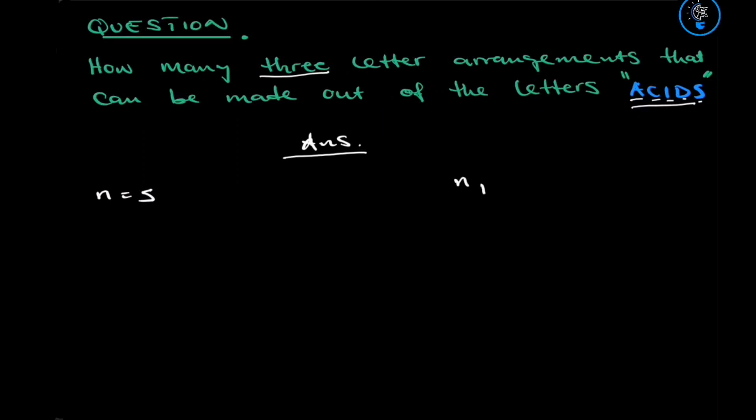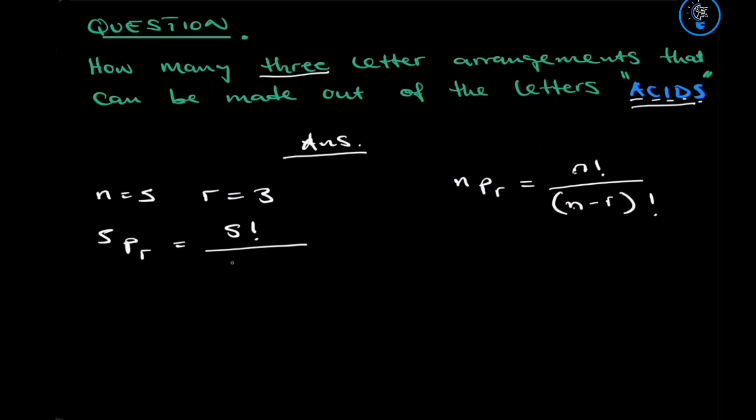So looking at our formula for permutation, as earlier said, r, which represents the number of letters per arrangement, is equal to 3. Now let's substitute them in our formula. We are going to end up with 5 permutation r, which is 5 factorial divided by (5 minus 3) factorial. And this will be equal to 5 factorial divided by 2 factorial.